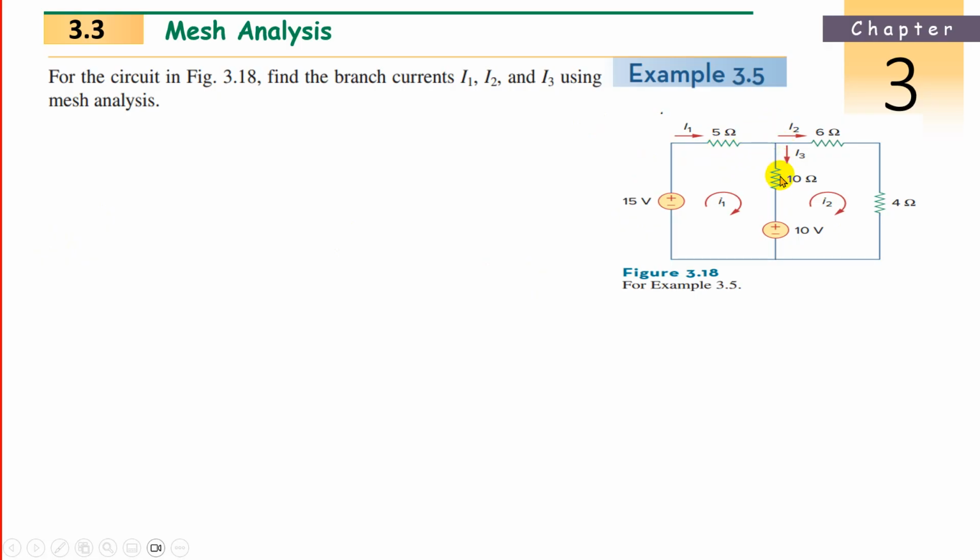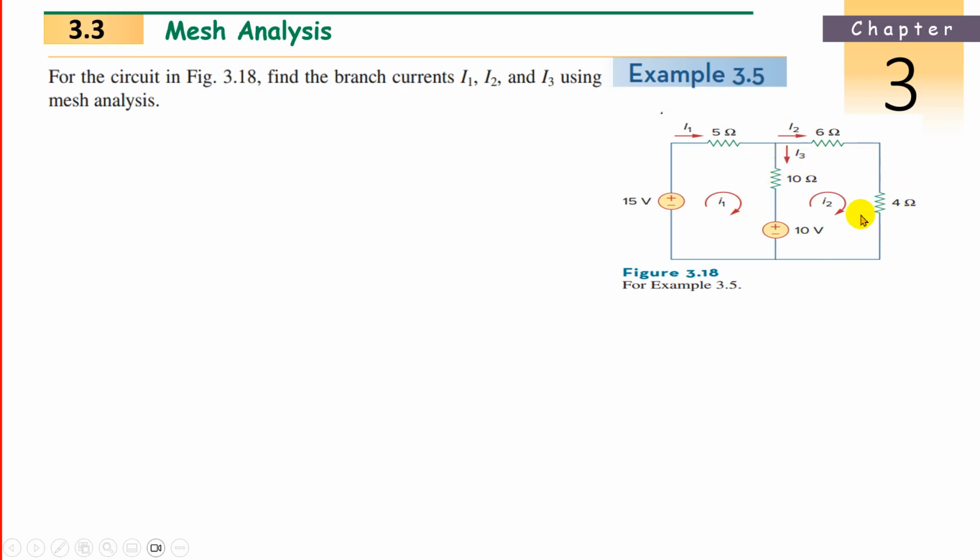Now current is entering 10, so 10 times I1 minus I2, because two currents are there in this 10: I1 is downwards and I2 is upwards. So I1 minus I2. Next, the current is entering, not leaving, so plus 10. Be careful: here it is minus 15, here it is plus 10. So that is the first equation.